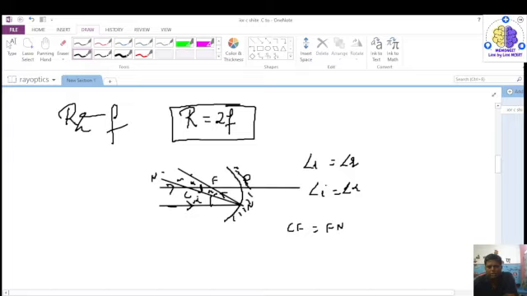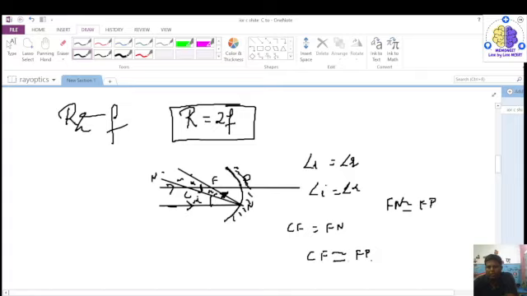So this side is equal to this side. Now, because the aperture of the mirror is very small, we can assume that point P is very close to point N. So we can take an approximation that FN is approximately equal to FP, right? So we can also write CF is approximately equal to FP, right?